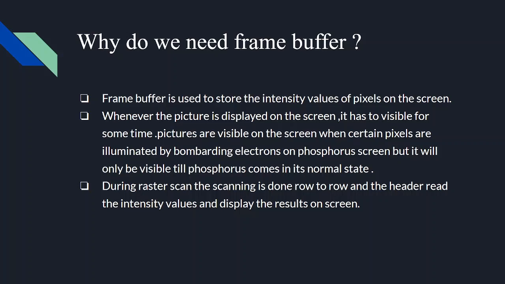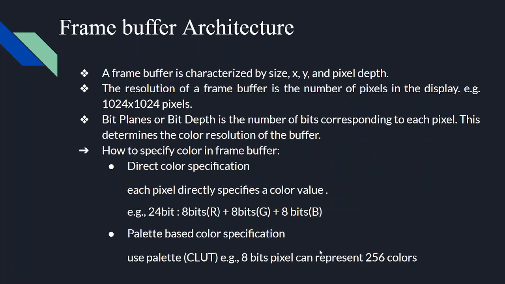So to see the picture for a longer period of time, we use a frame buffer where intensity values are stored, and then after scanning we can see the exact image there. During raster scan, the scanning is done row to row, and the head reads the intensity value and displays the results on the screen.